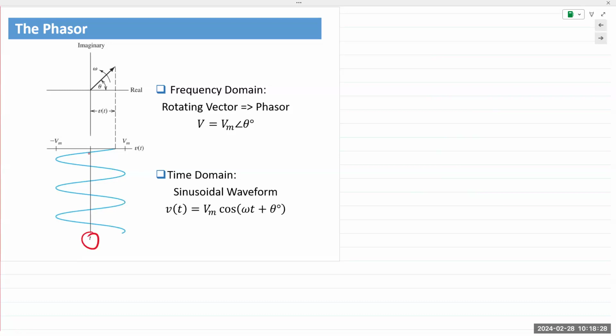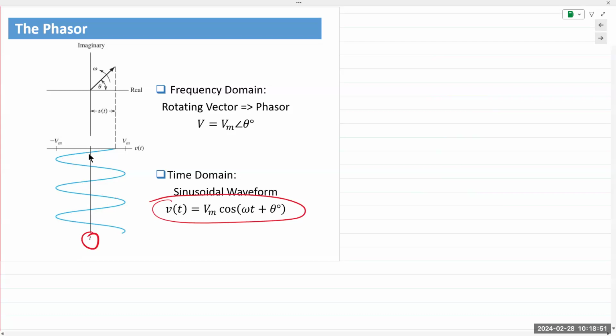So again, the x-axis is time, and this quantity, whether it's voltage or current, has a different value at any given point in time. The shape is sinusoidal in nature. The mathematical representation uses sine or cosine.